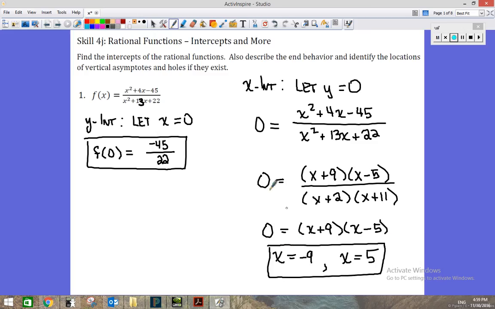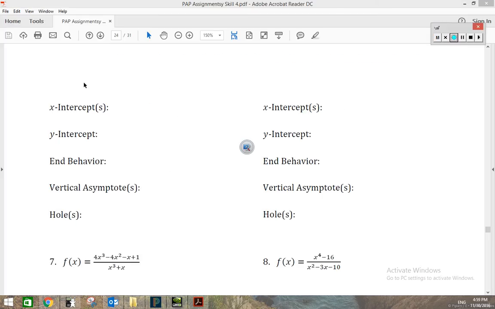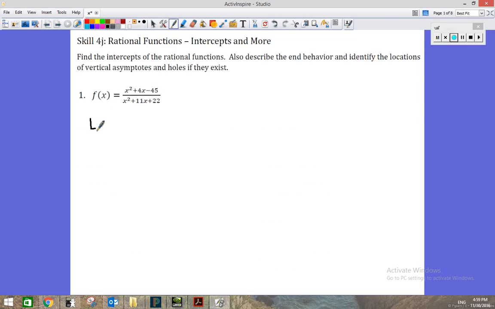Alright. Now it also wanted, what else did it want? The end behavior. So for the end behavior, we compare the degree of the numerator against the degree of the denominator. I have a degree of 2 in the numerator, a degree of 2 in the denominator.